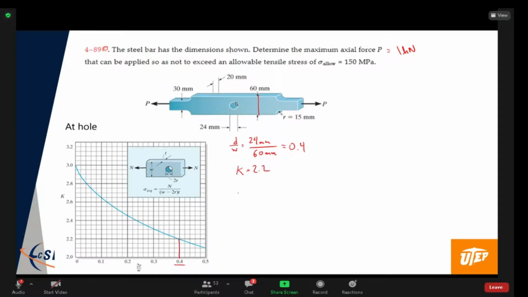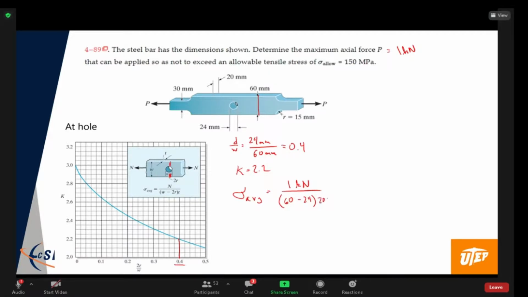So the average stress for our assumed case is going to equal our assumed 1 kilonewton over this reduced area here, which is going to be the 60 millimeters minus the diameter, which is 24 millimeters, times the thickness, which is 20 millimeters.